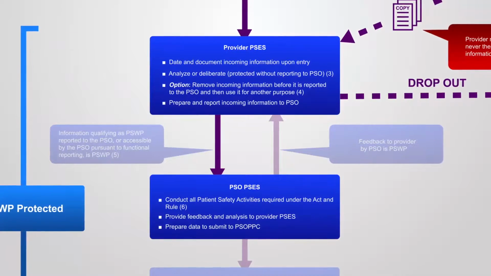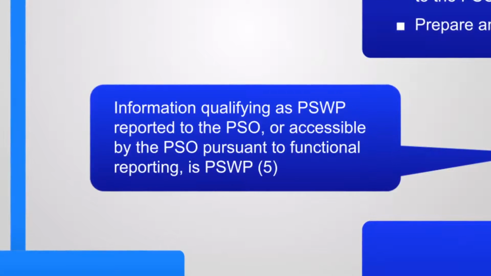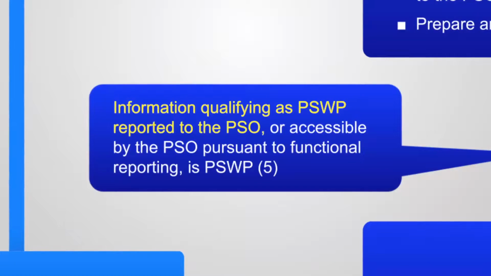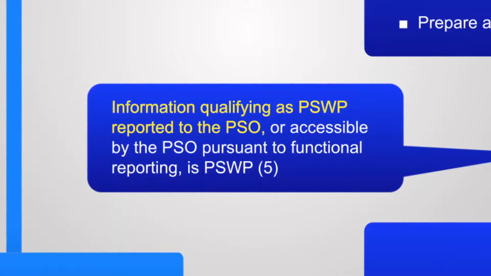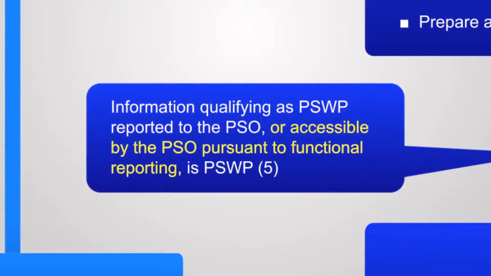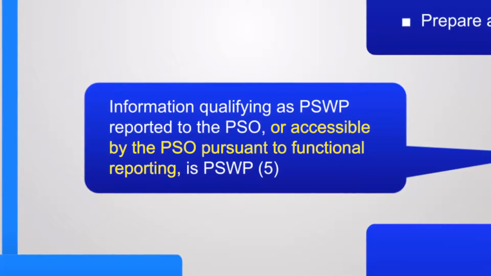reporting to a PSO. There are two ways that providers can report information to its PSO. The first is physical or electronic transmission at the provider's discretion. The second way that a provider can report information to its PSO is known as functional reporting.